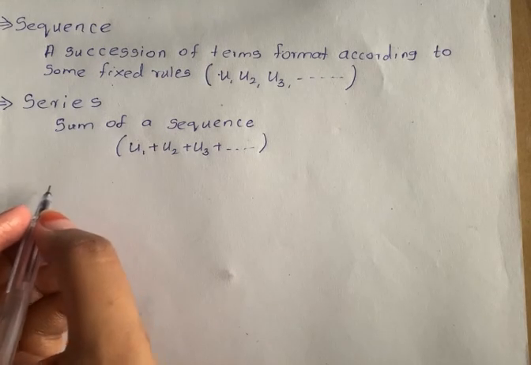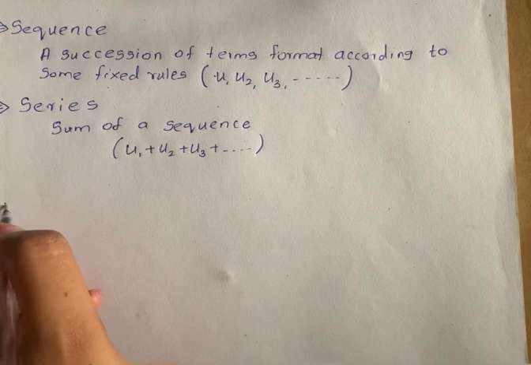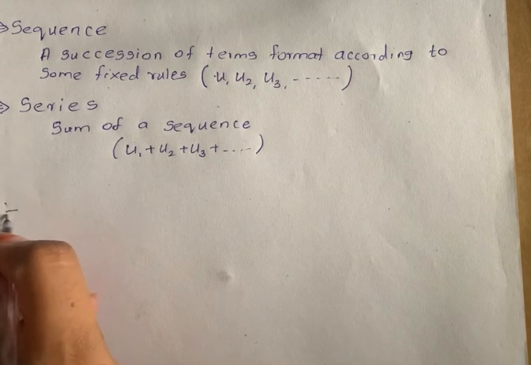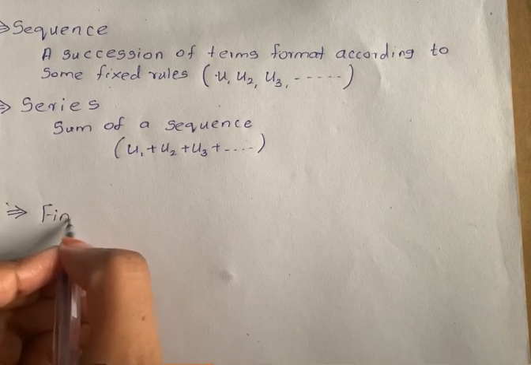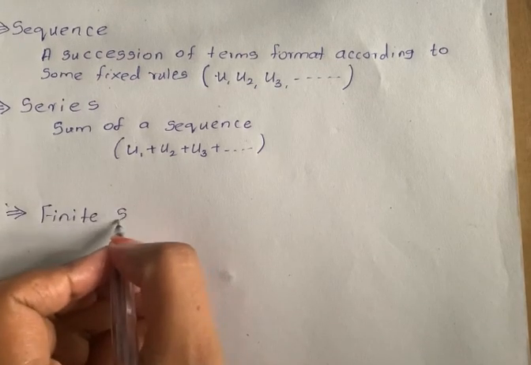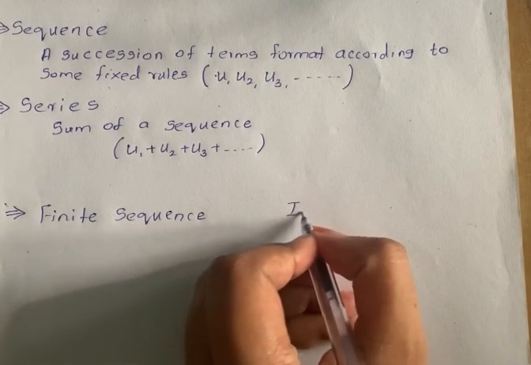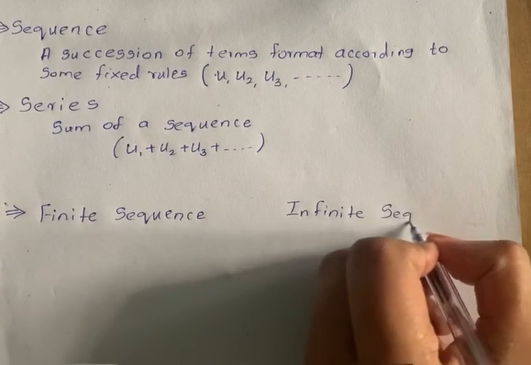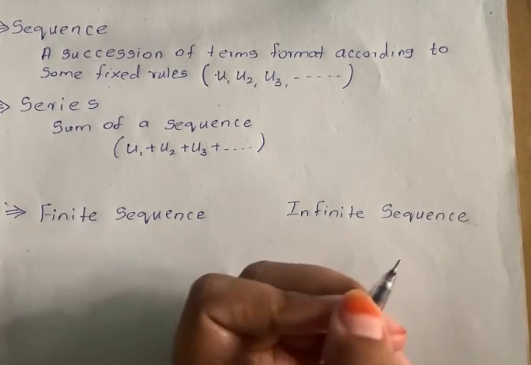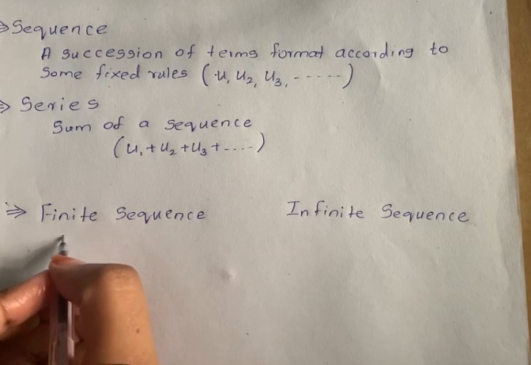So there are two main types of sequence we are going to look at. The first one is finite sequence, and the second one is infinite sequence. You know the meaning by looking at the heading.